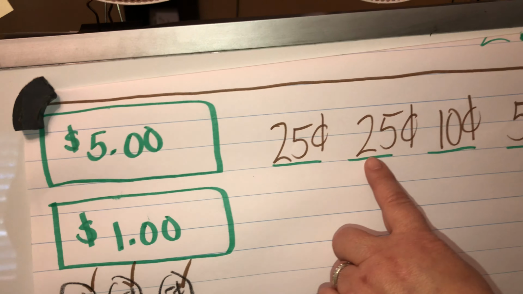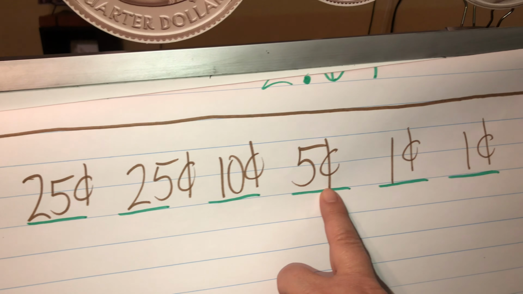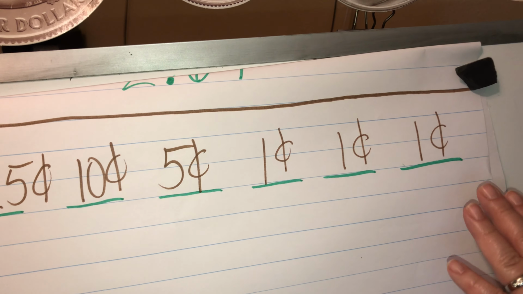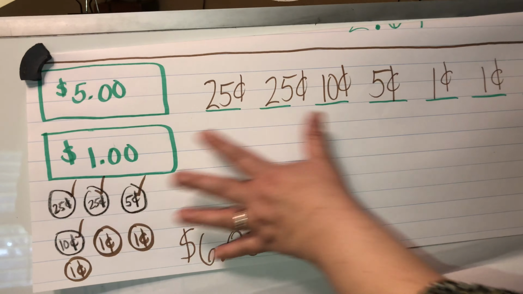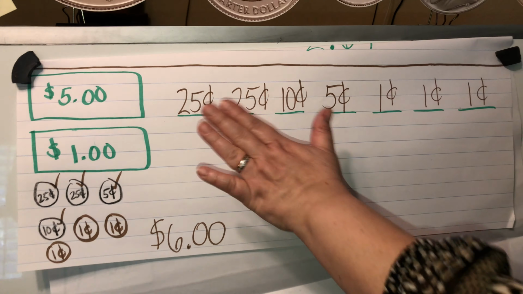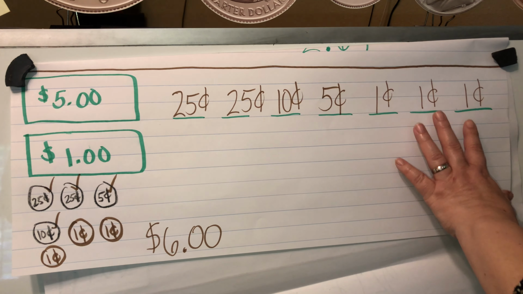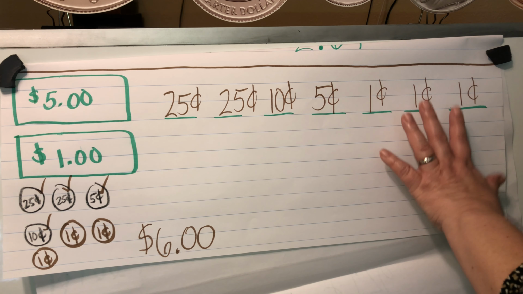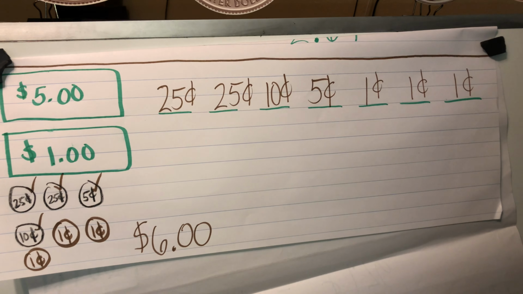We had 2 quarters, 1 dime, 1 nickel, and 3 pennies. So your job is to go ahead and copy this just the way I did it, but I want you to finish the problem. Finish finding out the value of the coins and add the value of the coins to your dollars.